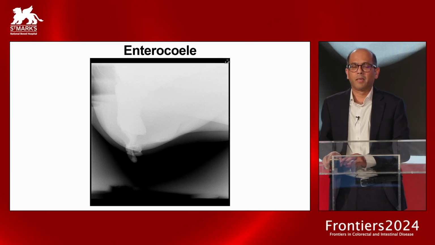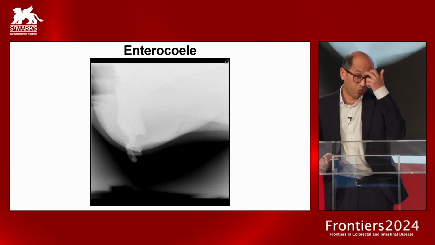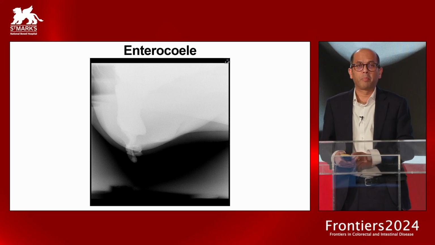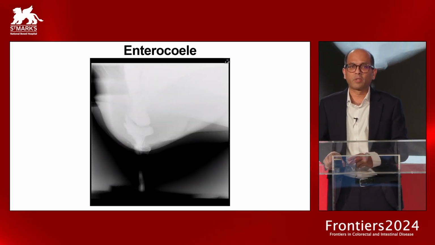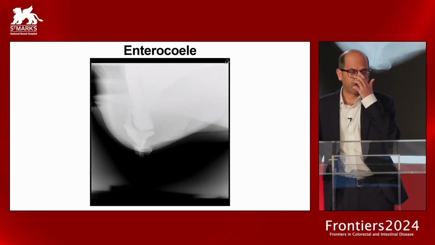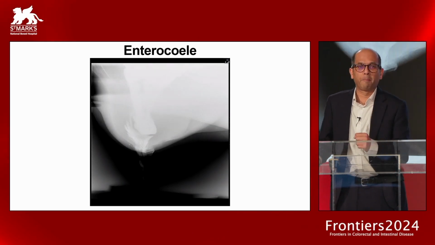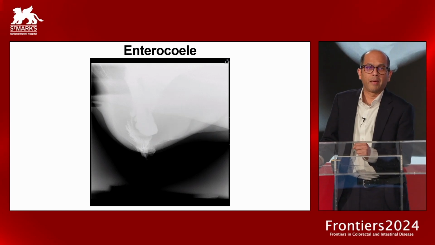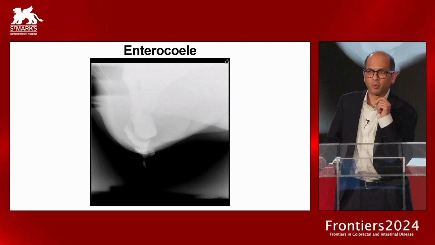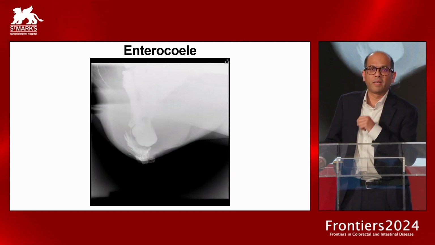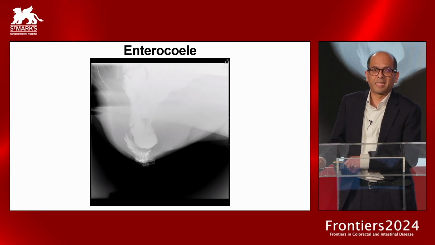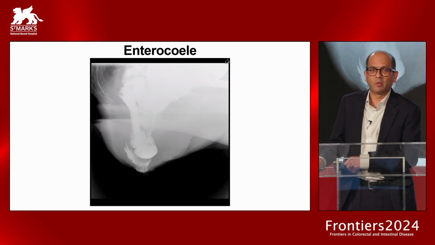But again, this is the same patient who had a barium proctogram as well. And one of the things that wasn't highlighted on the MR, so they managed to empty, but there was an enterocele that was visible, but I don't think we could appreciate to the same extent how significant that was.